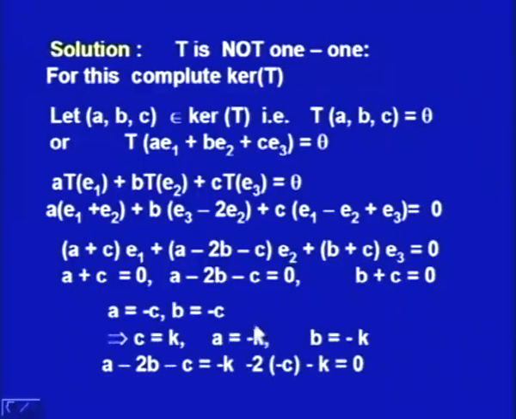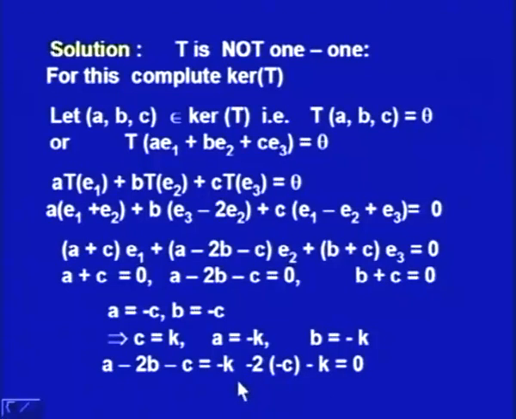From the first equation we can say A is equal to minus C. From the third equation we say B is equal to minus C, and when we substitute these values in the second equation, we can say C is equal to K, A is equal to minus K and B is equal to minus K. This value is coming from the second equation: A minus 2B minus C is equal to minus K minus 2 times (minus K) minus K is equal to 0.